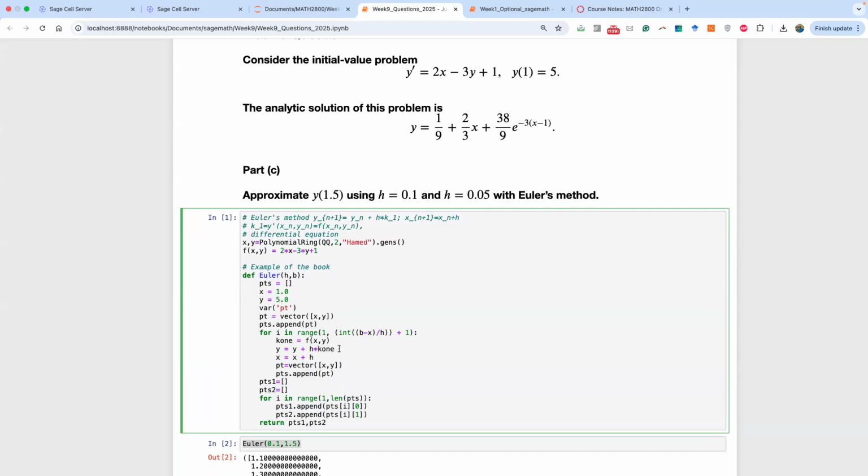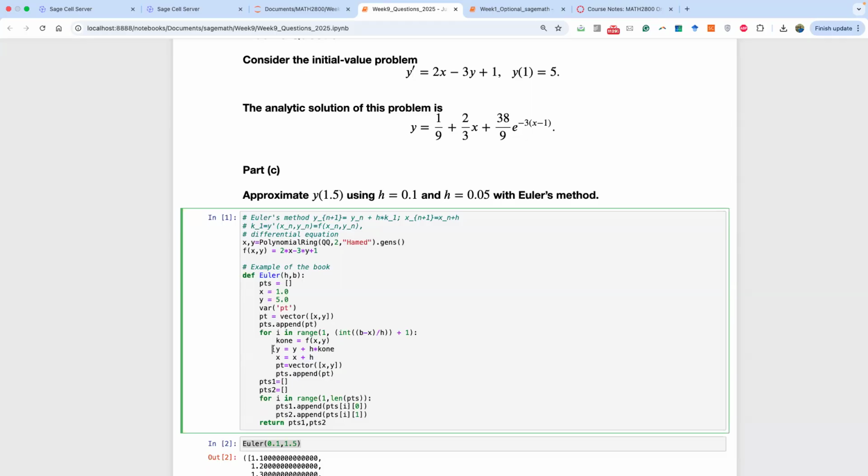If you want, you can just ignore this part and write f of x y here. Anyway, this is the definition of Euler's method, y n plus 1 updating by previous y plus h times this guy. It's not like canceling these y's together. In computer programming, we write the previous y like this, and it updates to the new y, and x will be updated by adding one step size to the older x.